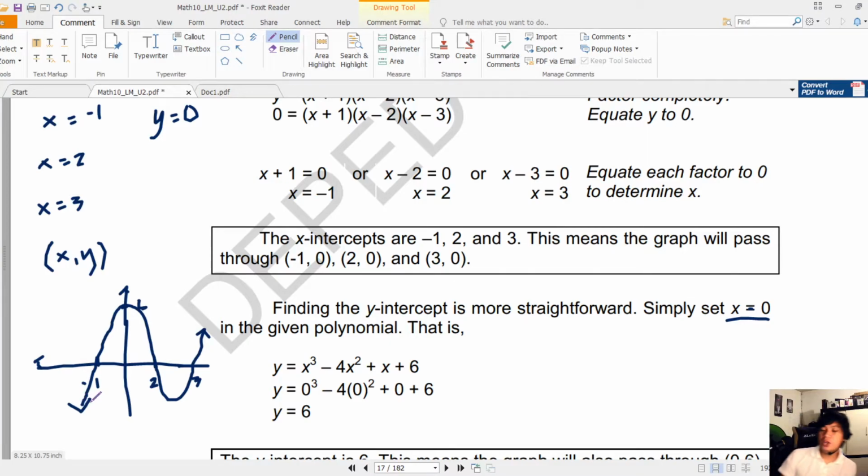Now, in polynomial function pala, the graph of polynomial function, meron siya mga curve. During your grade 9, you discuss about the graph of quadratic function. So, the graph of quadratic function is para siyang U, di ba? Para siyang U or inverted U. Yun yung graph ng ating quadratic function.